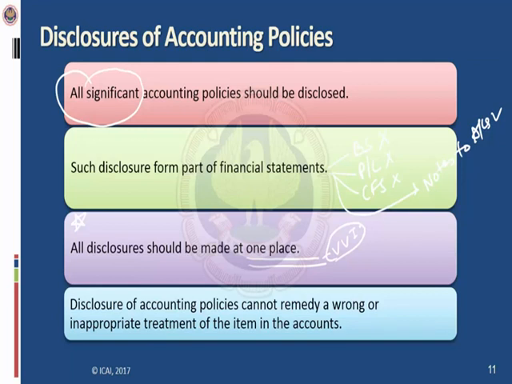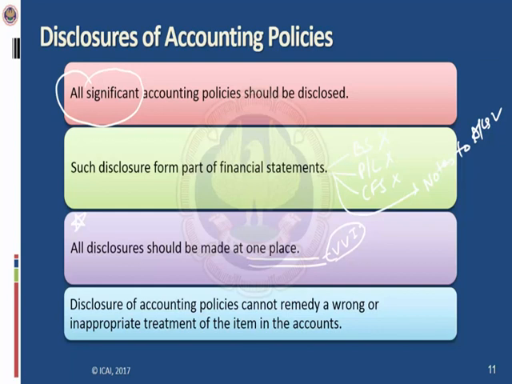So the entity cannot take a plea that I have already disclosed my accounting policy, and that it is a remedy, so the wrong or inappropriate treatment of that item in the accounts will be okay. So the entity has to rectify that. Merely disclosure is not sufficient.